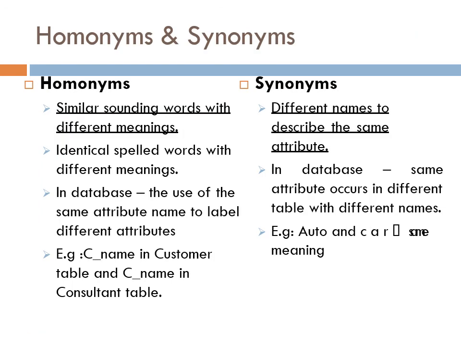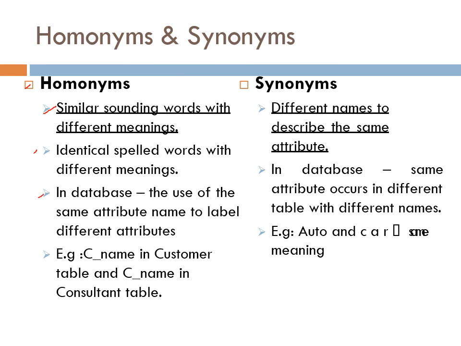Actually, the system catalog automatically produces database documentation. So when new tables are added to the database, the documentation allows the relational database management system to check and eliminate homonyms and synonyms, right? So what are homonyms and synonyms? Homonyms are identical spelled words with different meanings.